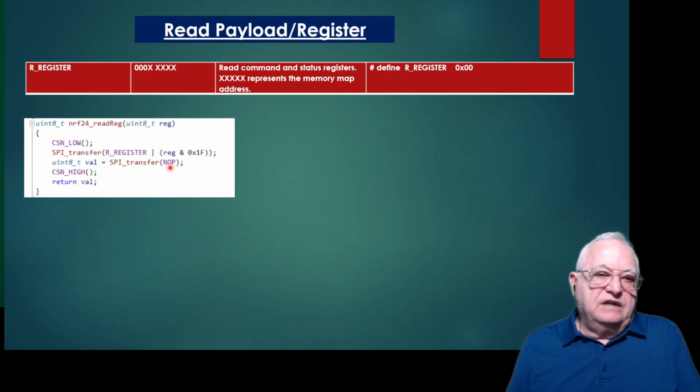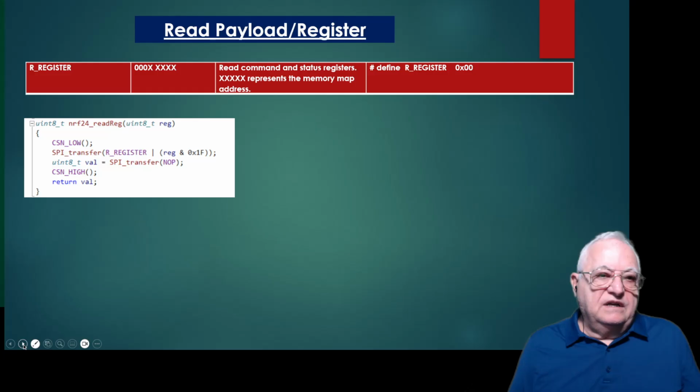Now this value is just 0x111111FF, and then we deselect the radio. So we select the radio, we send the register ORed with our register value, and then we send the dummy to get the data.